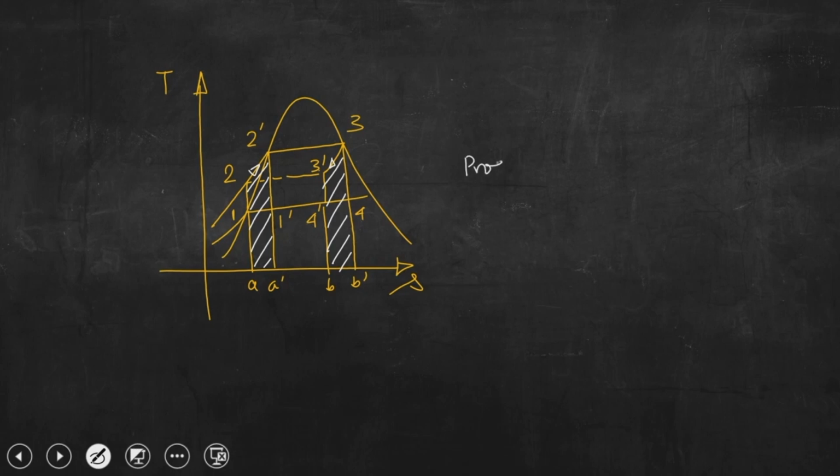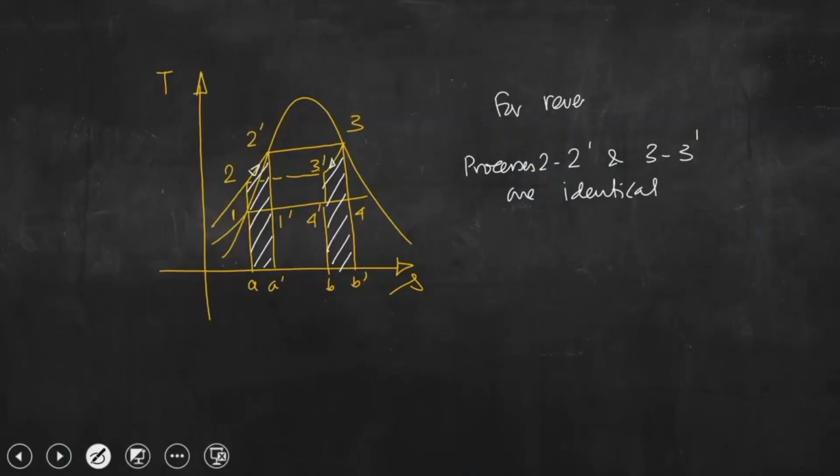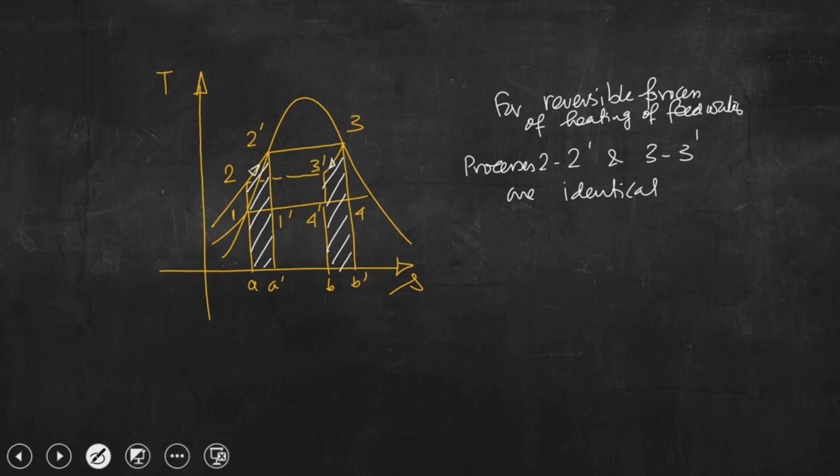So, processes 2 to 2 prime and 3 to 3 prime are identical, if the process of heating of feed water is reversible. Right, these two processes are identical.